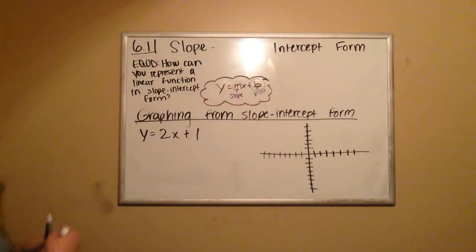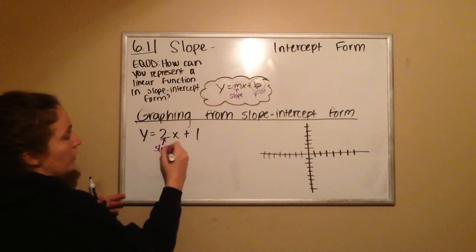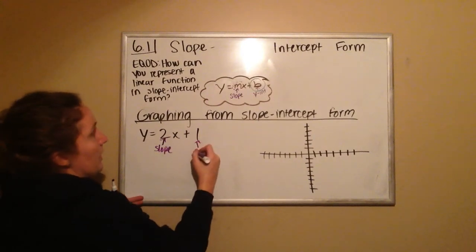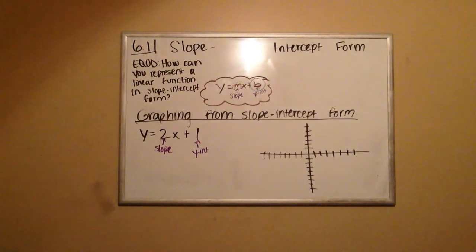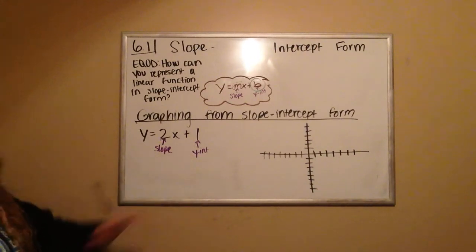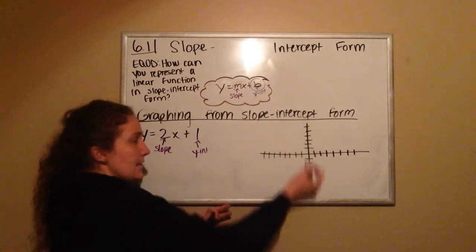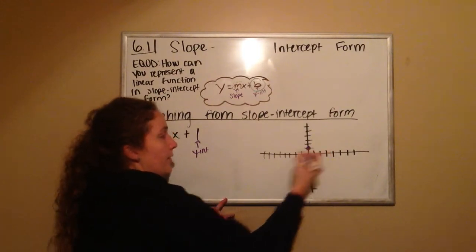So we look at this here, remember it's always mx plus b, so this is our slope, the coefficient of x, and this is going to be our y-intercept. When we use this to graph, this is super key. We have to start with our y-intercept. It's the first thing we're going to graph. So we go on our y-axis, and we put a point on 1.